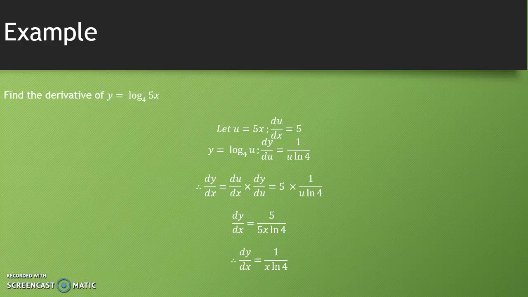So again, not too dissimilar to what we've seen before. It's just introducing a new derivative rule, which is logs to a base, but we're still using the chain rule and just working our way through that.